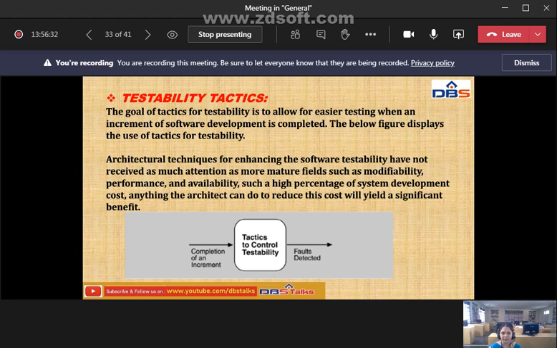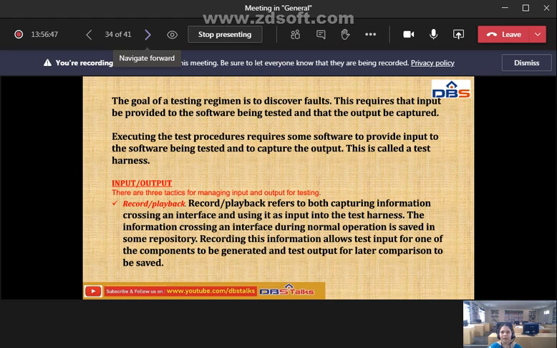Completion of an increment. Now we need to build testability into the architecture. Tactics to control testability so that faults are detected: this is the main thing. Next, the goal of a testing regime is to discover faults. Why do we test? To discover the faults.